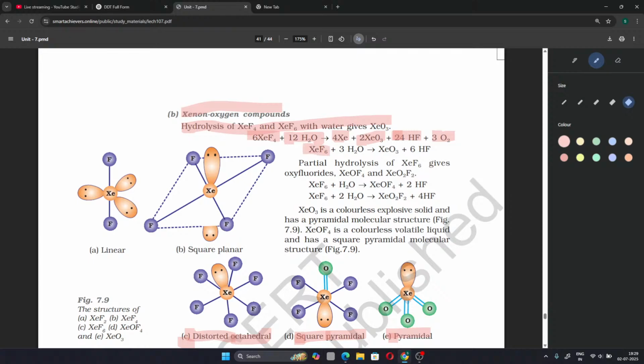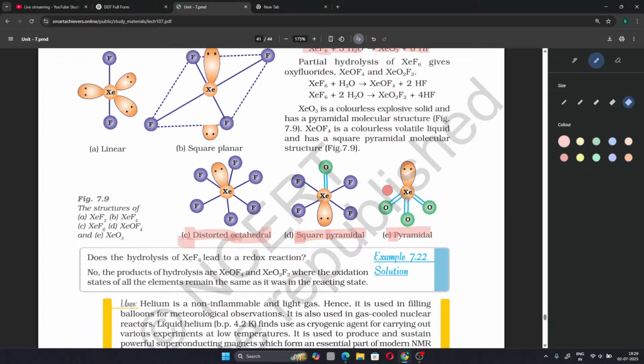This is in case of tetrafluoride, and this is in case of hexafluoride, where it reacts with water to give XeO3 and HF. Both give XeO3. Partial hydrolysis of XeF6, hexafluoride, gives oxyfluorides, XeOF4 and XeO2F2.